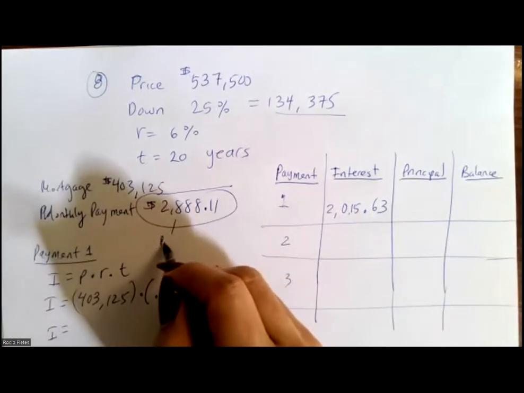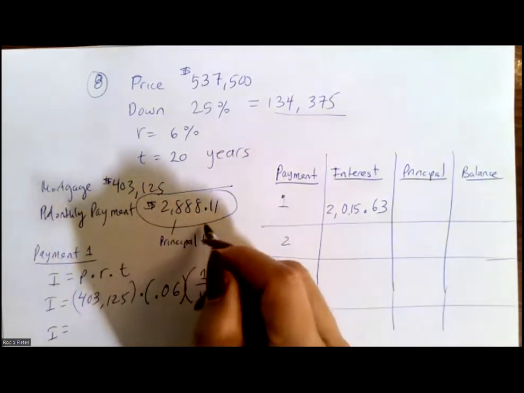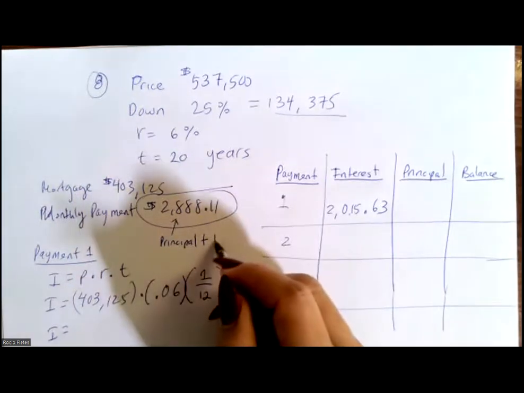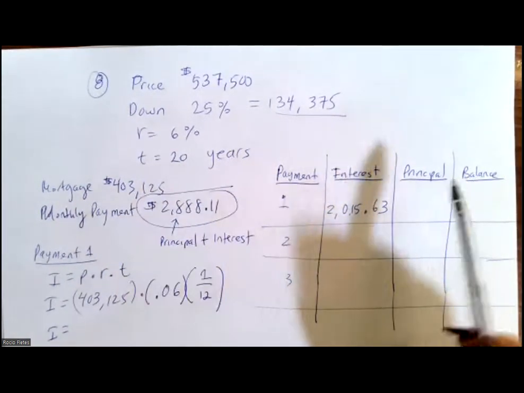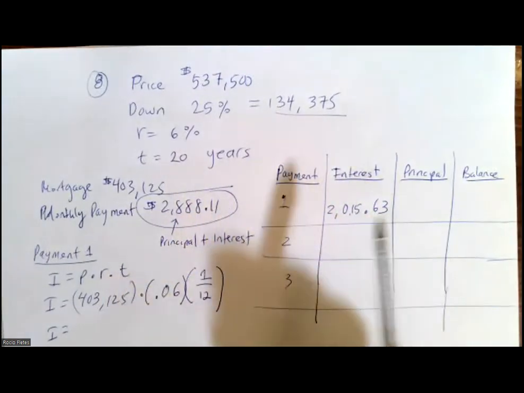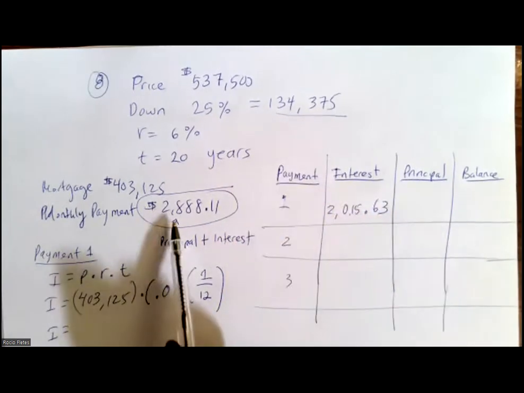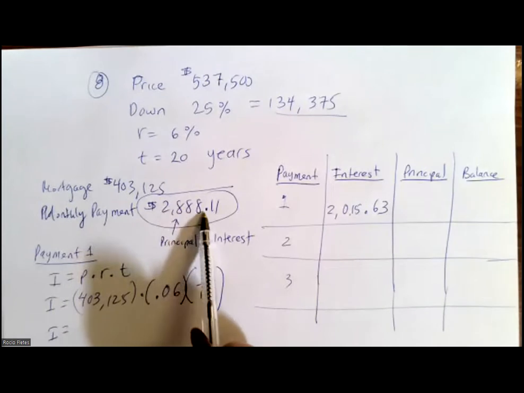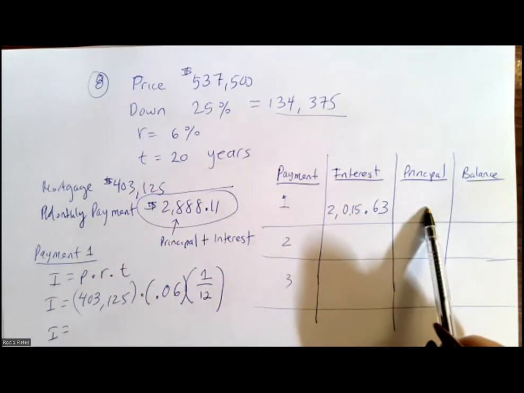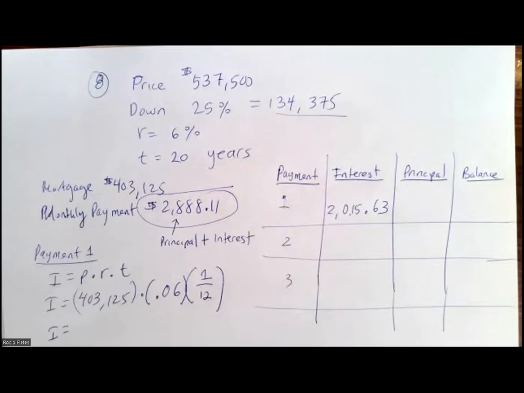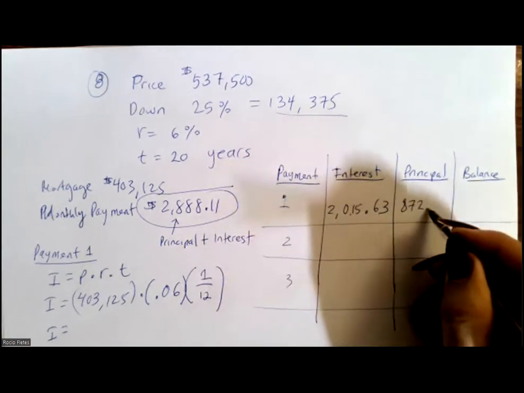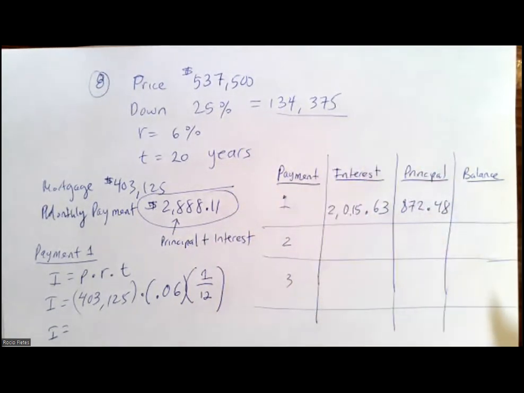So you take 2,888.11, subtract the interest, 2,015.63, and that gives you the principal of 872.48.